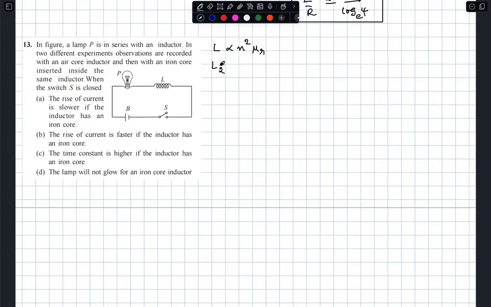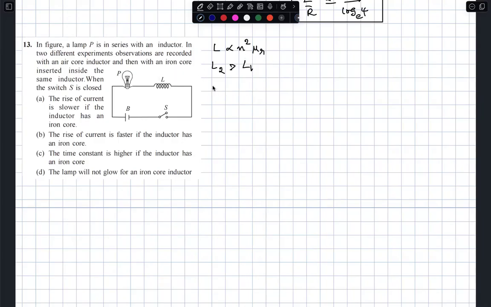So L2 will obviously be greater than L1. Why? Because you said iron, so mu r is high.